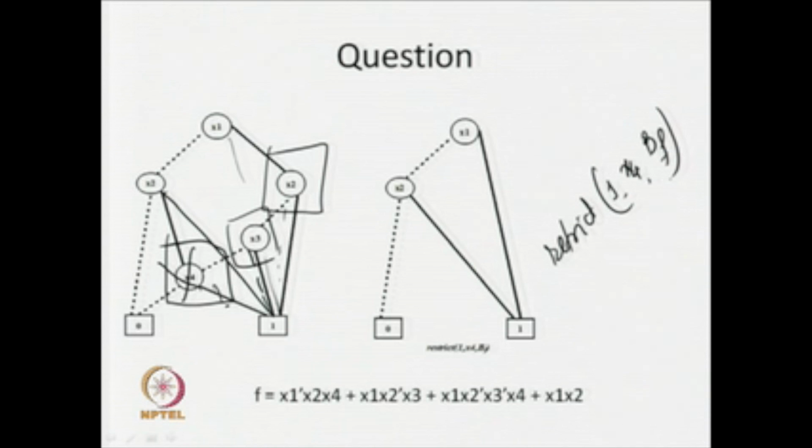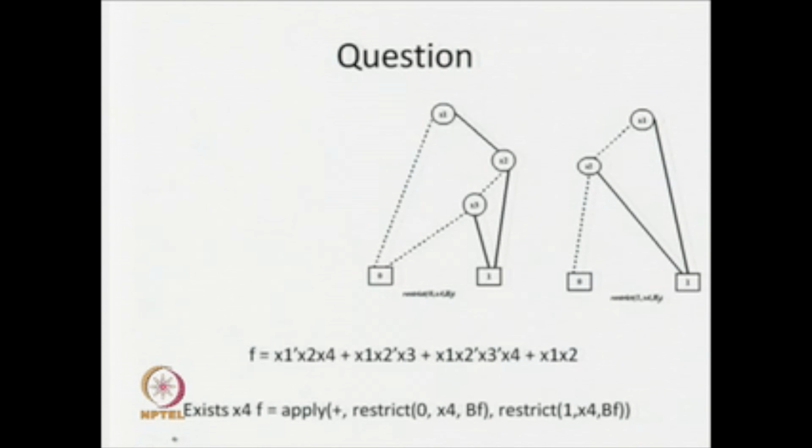So, we now have the BDDs, or OBDDs, or even I can say the ROBDDs, for restrict 1 x4 on f and restrict 0 x4 on f. Once I am given these two BDDs, then always I can look for exists x4 f.